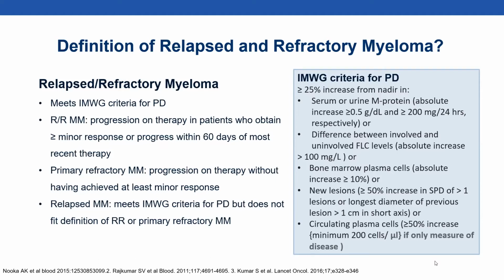Going back to relapsed multiple myeloma, it meets the International Multiple Myeloma Working Group criteria, as we mentioned before, for disease progression, but does not fit the definition of relapsed refractory or primary refractory multiple myeloma. I hope I did not confuse you with these definitions.